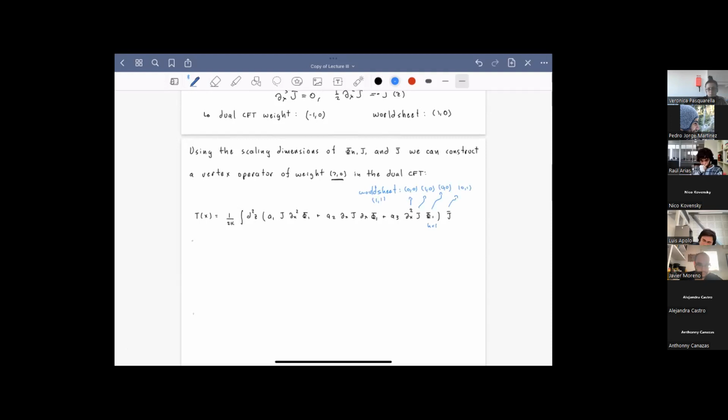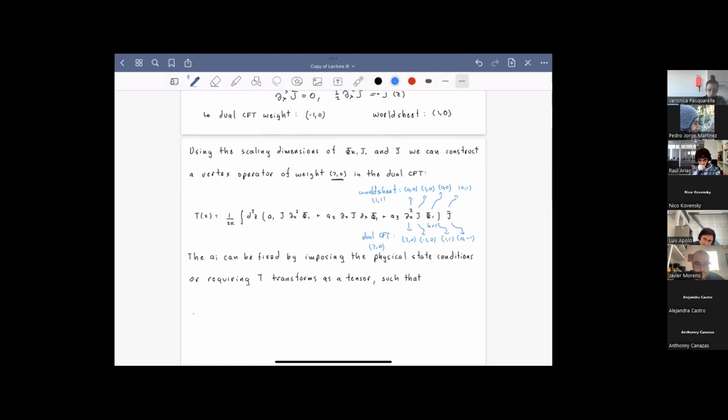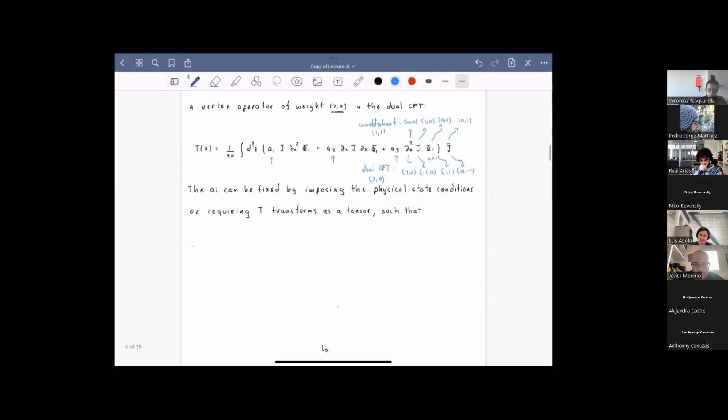And from the point of view of the dual CFT, we can similarly see that this has dimension 2,0. This one has dimension minus 1,0, 1,1, and 0, minus 1. And indeed, its CFT dimension is just 2,0, which is appropriate for a stress energy tensor. Now, the coefficients a_i here that have been left free can be fixed by imposing the physical state conditions on this operator, or requiring that it transforms like the stress energy tensor.